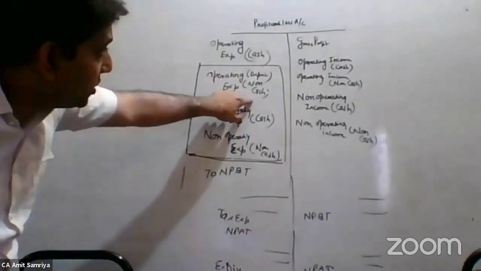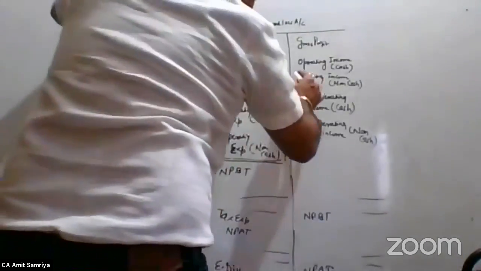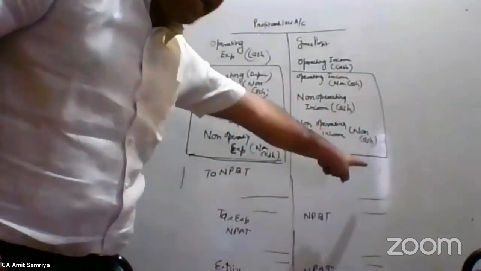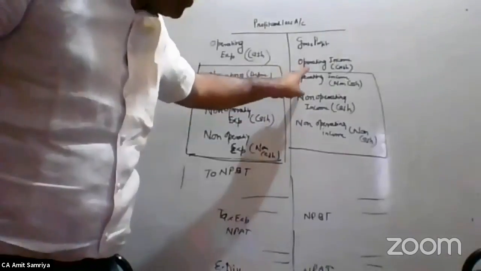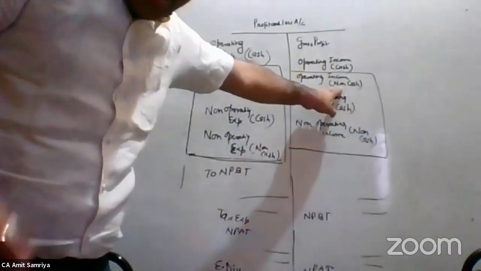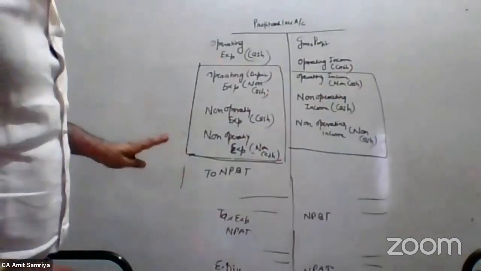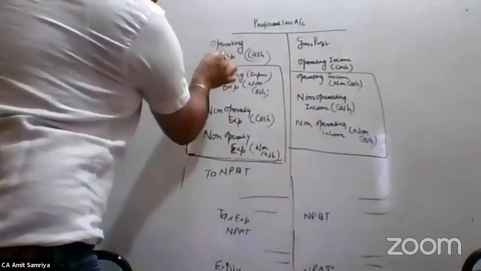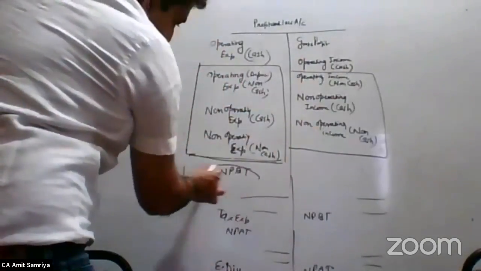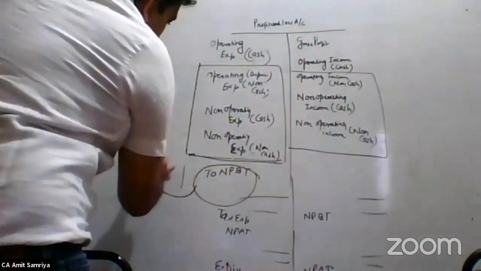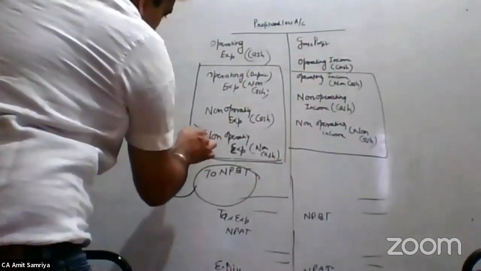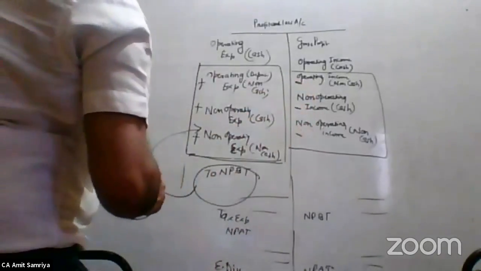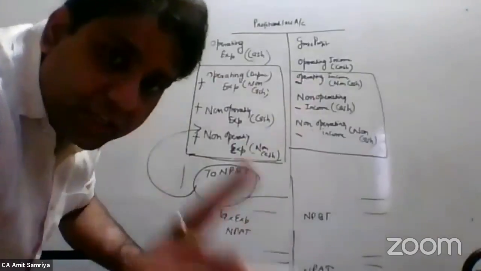Items deducted are non-operating incomes, which are always deducted, and operating income which is non-cash is deducted. So this plus this plus this plus this plus this, minus minus minus minus, you will get NPBT. Now again, NPBT plus plus plus, minus minus minus, you will get fund from operations.